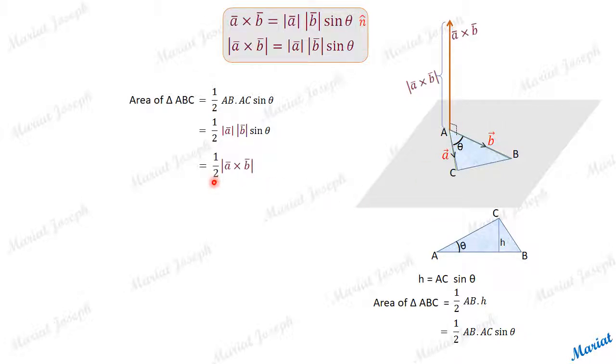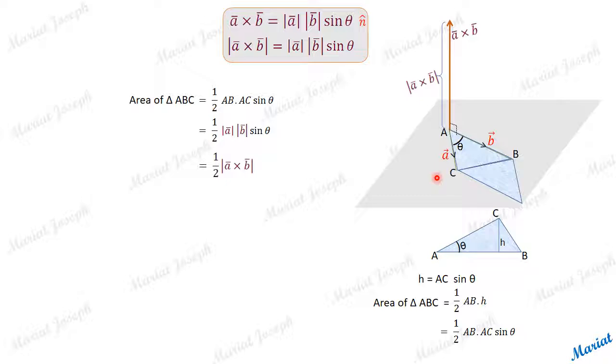Its half, which is 5, that is, 5 square units, will be the area of this triangle. Area is not a length. But notice that whatever the length of the vector A cross B, its half in square units will be the area formed using the same two vectors A and B as two sides of the triangle.